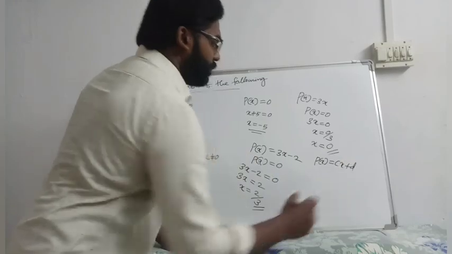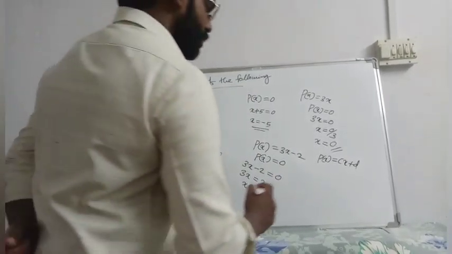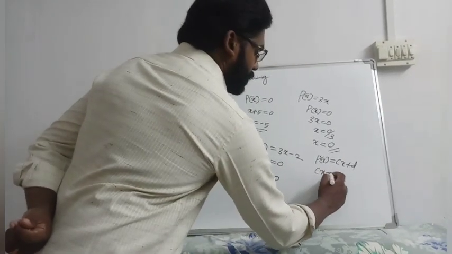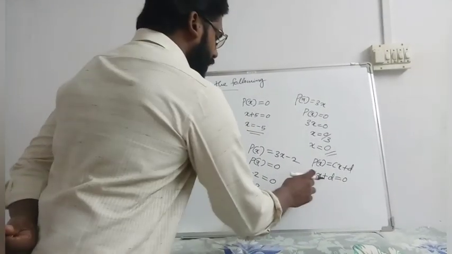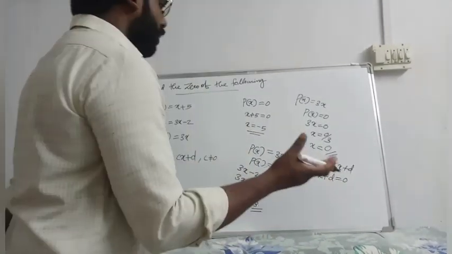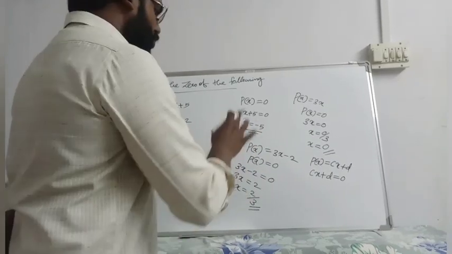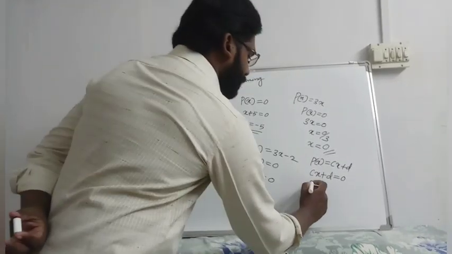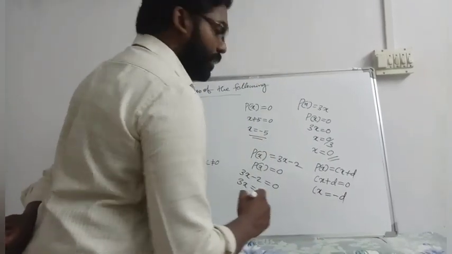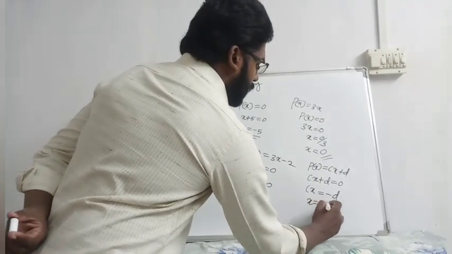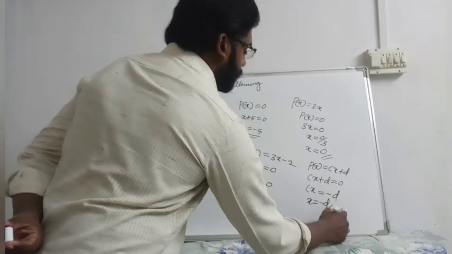And the last one, P of x equal to cx plus d. That means cx plus d is equal to 0. If there are variables or numbers, don't worry, do the method. Therefore, cx equal to minus d, and x equal to minus d by c.